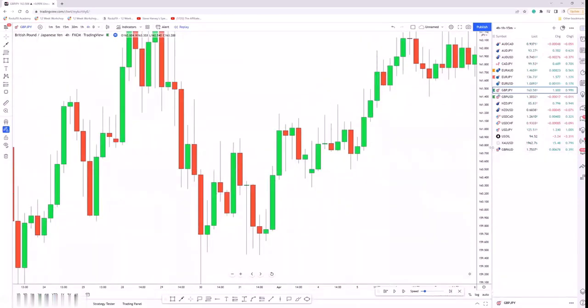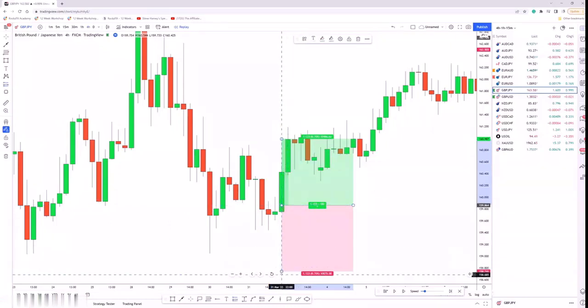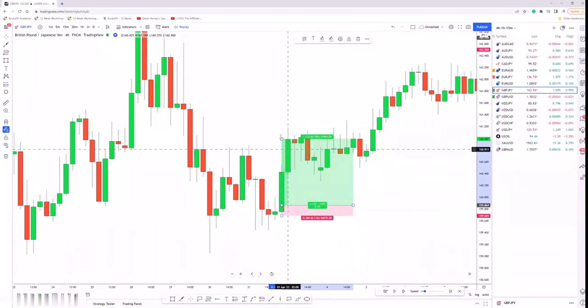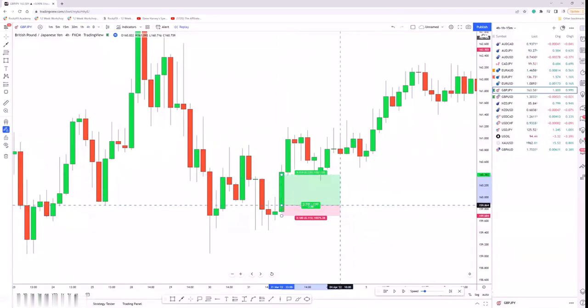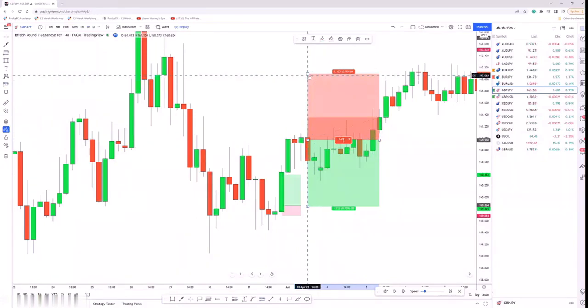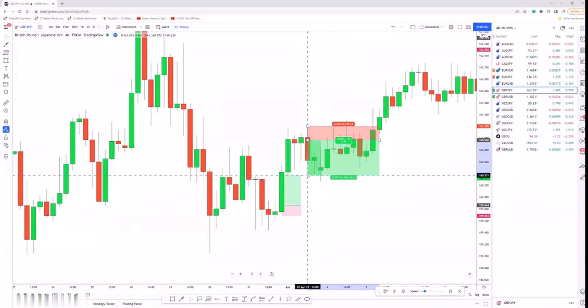So let me move away from that example. Why can't you buy this candle? Why can't you sell this candle? Is it not the same thing every single time you take a trade?